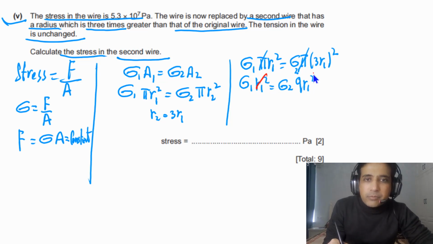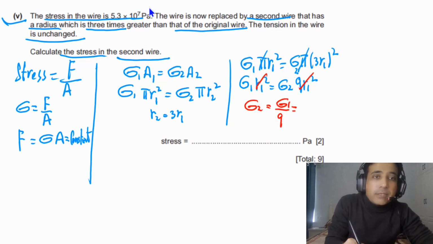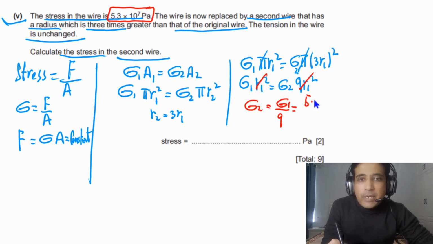From here we get sigma 2 equal to sigma 1 divided by 9, and sigma 1 is given to us. The value of sigma 1 is given, equal to 5.7 times 10 to 7. Just divide by 9 and we can find our final answer. Final answer in this case will be 5.9 times 10 to 6 Pascal.